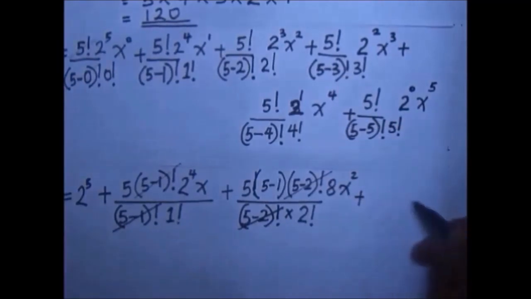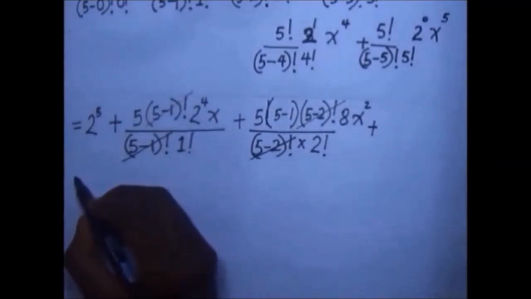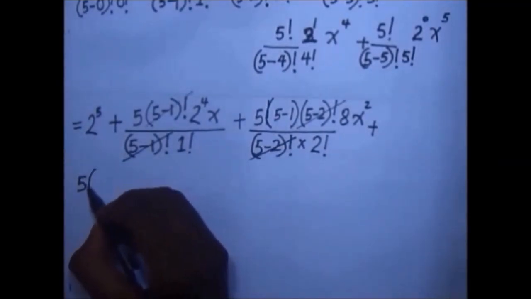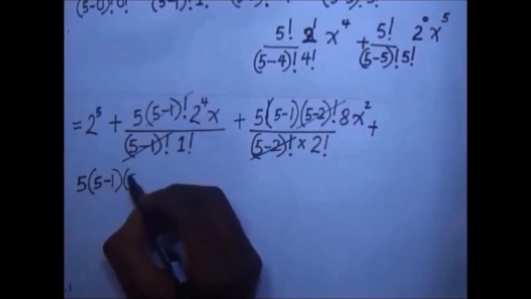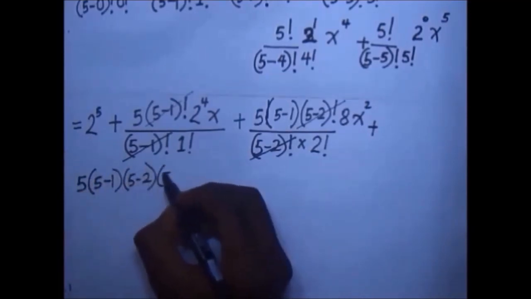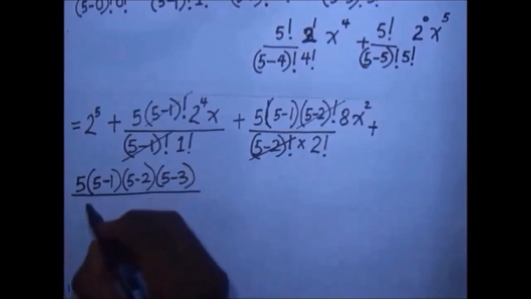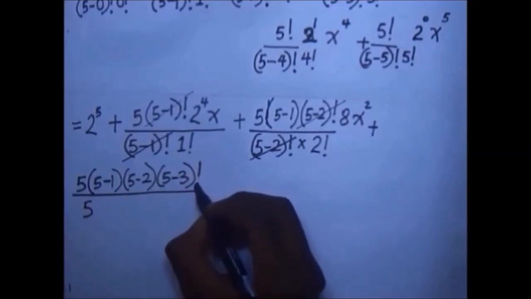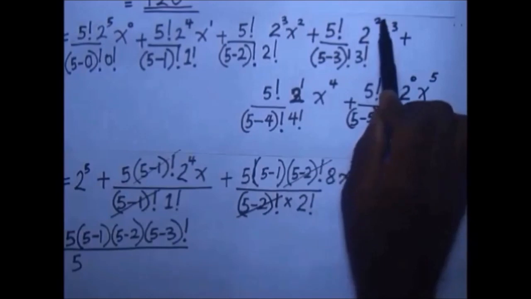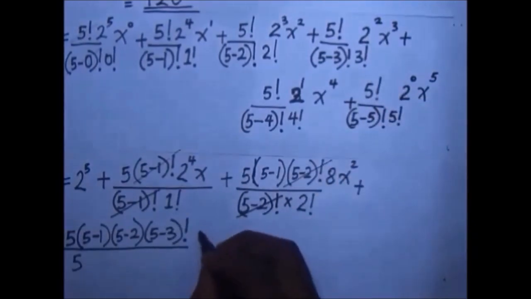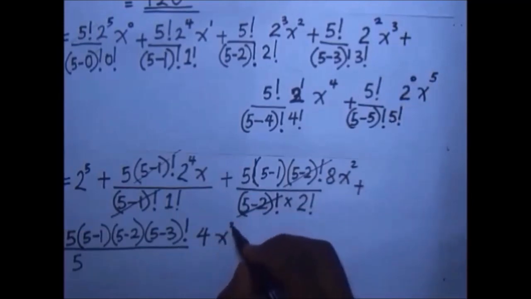You continue to the next term. The next term will be plus 5 into 5 minus 1 into 5 minus 2 into 5 minus 3. Divide all that by the continuous factorial, times 2 to the power 2, 2 times 2 is 4, that is times 4, x to the power 3, that is x cubed.